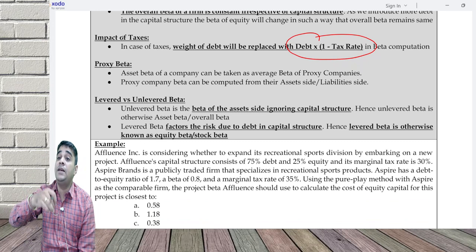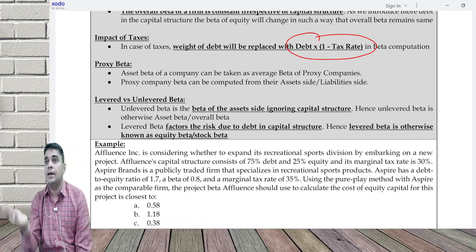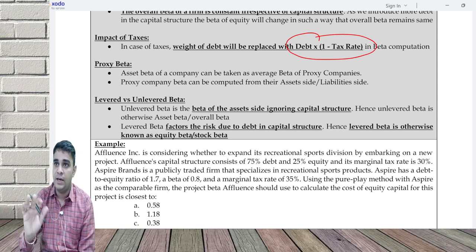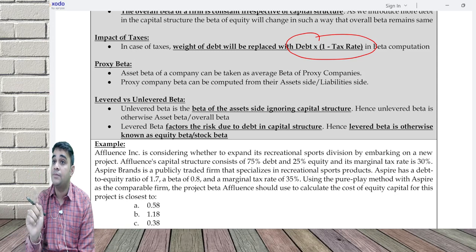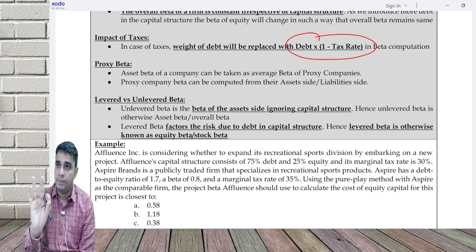That asset beta of the proxy can be calculated from the asset side, and can also be calculated from the liability side. Just because you are calculating from the liability side, that does not mean it is not asset beta, because I have told you asset side beta is equal to liability side beta. The only difference is asset beta is not equal to equity beta. There are three terms: asset beta, liability beta, equity beta.